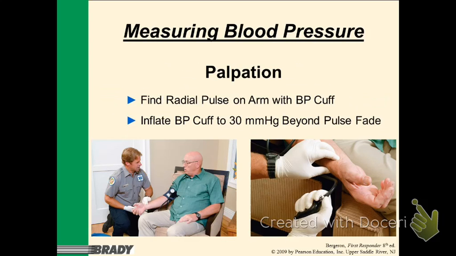That's why we always get a palpated blood pressure first. If you guys are doing blood pressures together, the first blood pressure you get, you would get a palpated blood pressure. Now if you do another blood pressure on the same student, then you won't need another palpated blood pressure.